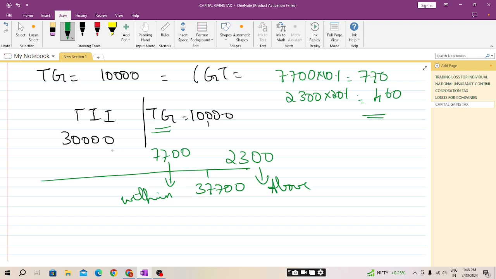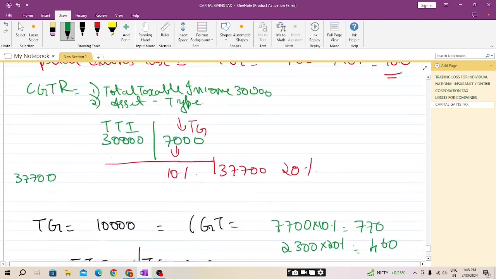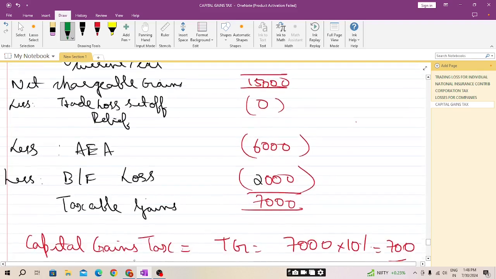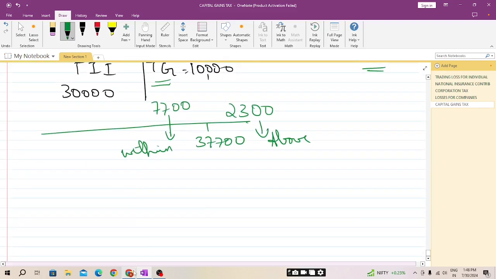Within the basic rate limit, 10%, and above the basic rate limit, 20%. I hope this is clear, students. And if we have any AEA or brought forward losses, first they will be set off against the residential property gain, then other gains, and we calculate the tax also first for the residential property, then for the other gains.